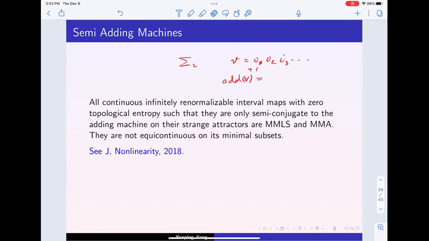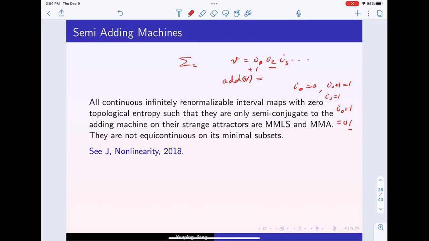If i0 equals 0, then i0 plus 1 equals 1. If i0 equals 1, i0 plus 1 will equal 0, and the 1 will be carried over and added to i1. You keep doing that. That's called the adding machine, or odometer. The adding machine is an equicontinuous map. That's another equicontinuous map, the so-called adding machine.